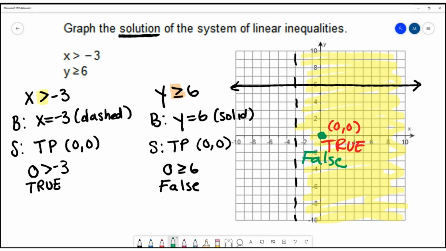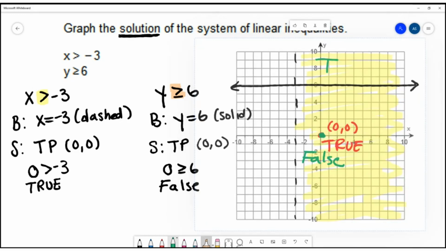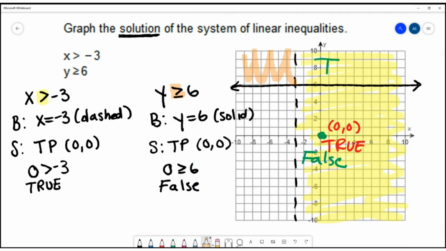So below this line is the false side, and the other side of the line is the true side. So we want to shade that true side, which is above the line.